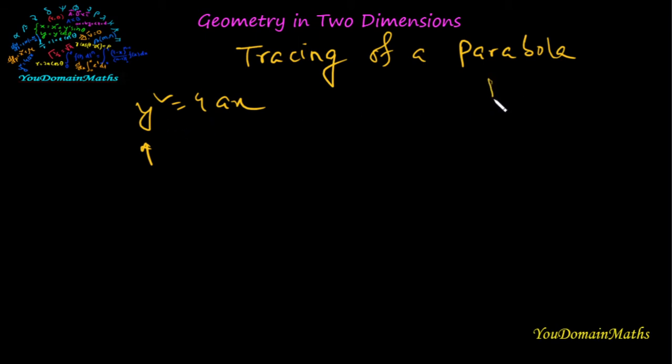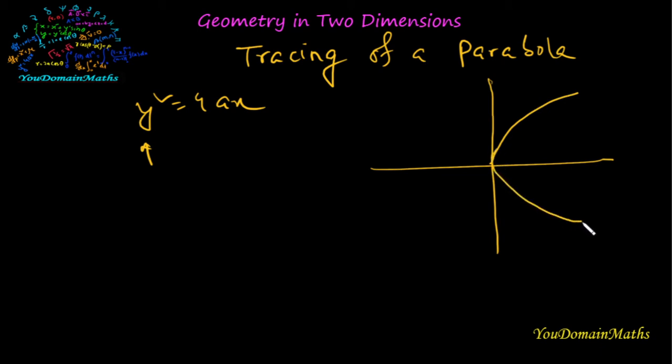That means the curve does not intersect at the negative position of x. So this is the positive part of x, and this is the parabola. There is a focus, which we denote as a, 0, and the vertex is 0, 0.